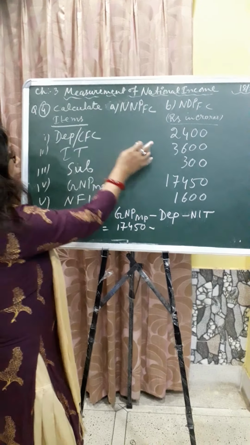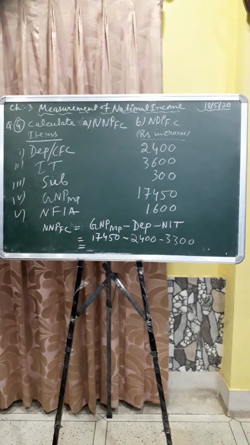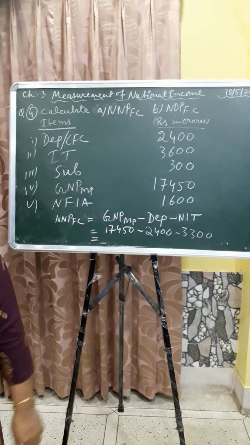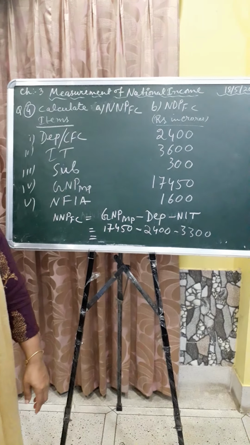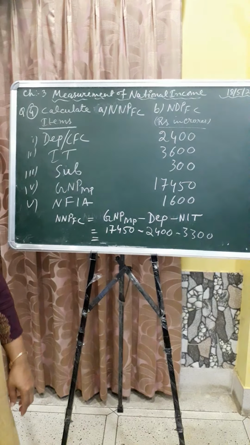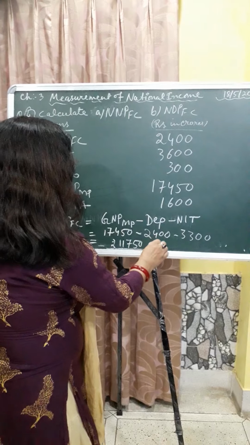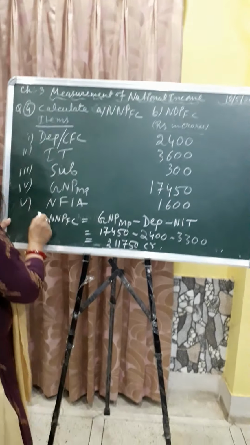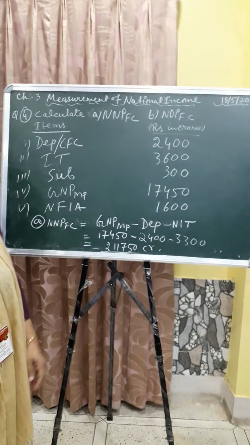The answer will be 11750 rupees crore. This is the answer for A.